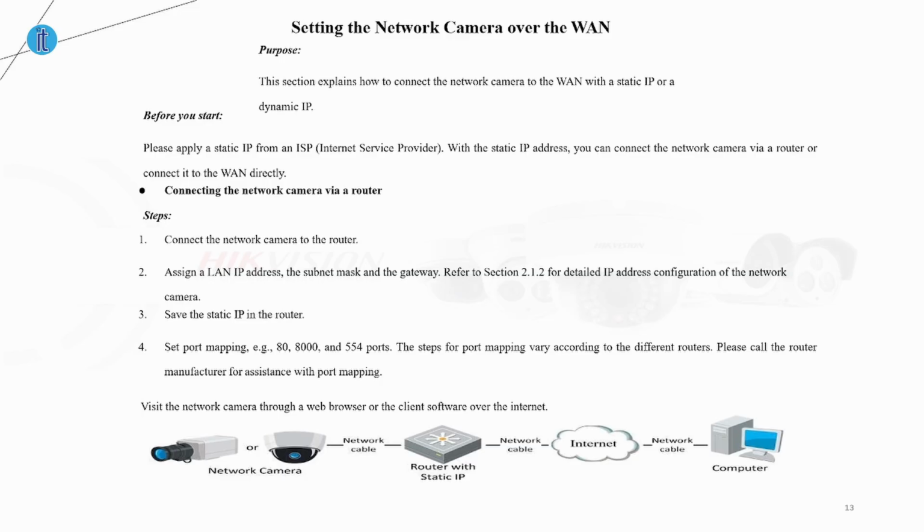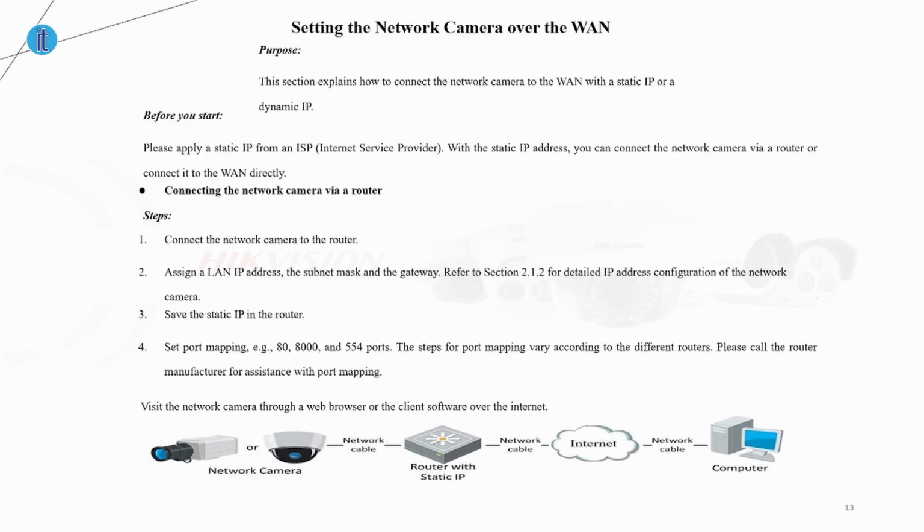Set a port mapping. Now, this port mapping at times might be a little bit complex, but we are going to set a day to discuss about port mapping in camera configuration. Now, visit the camera through a web browser or the client software over the internet. Now, these are the procedure on how to connect the camera to WAN.